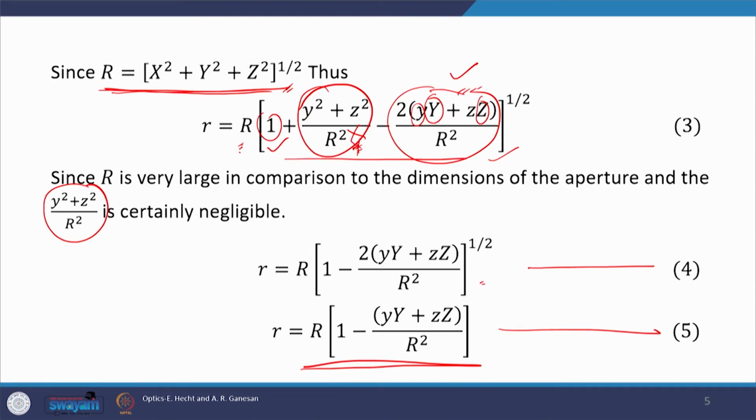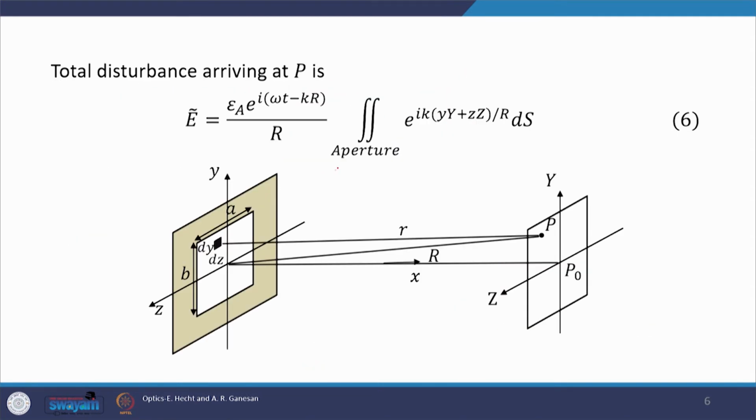Let us do this. After this integration over aperture, which is an area integration, the total field at the point of observation P would be given by equation number 6.